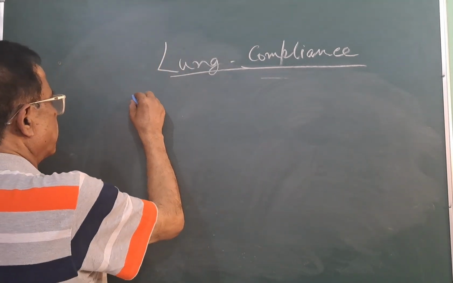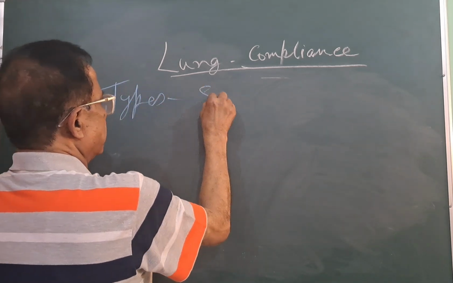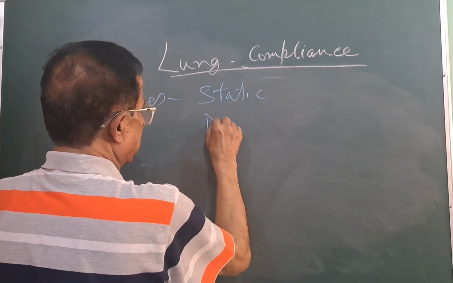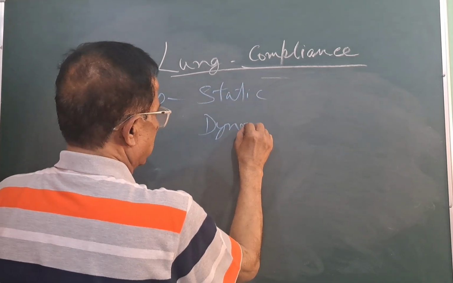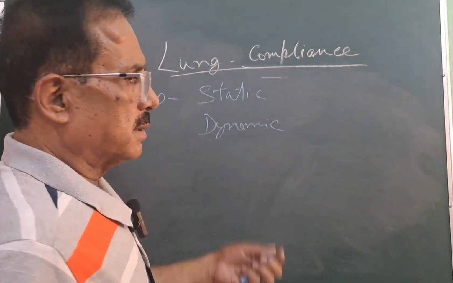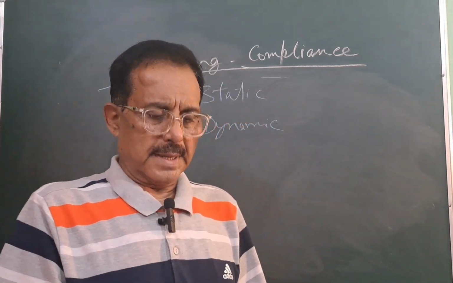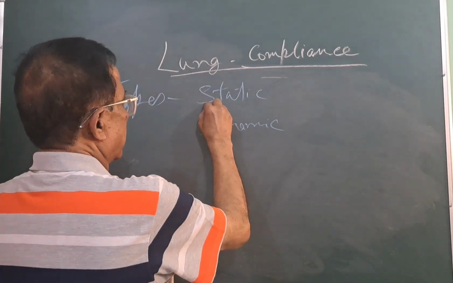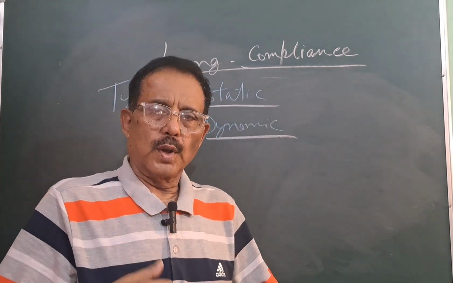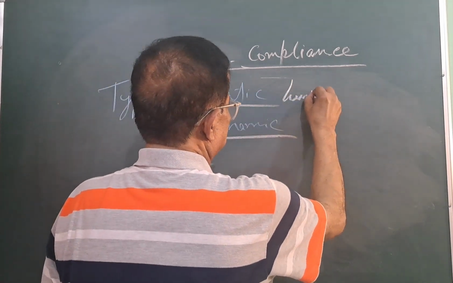This is about lung compliance. Two types are there. Number one, static and dynamic. Static lung compliance means when air is not flowing through the lung, and dynamic lung compliance is when air is flowing in the lung.